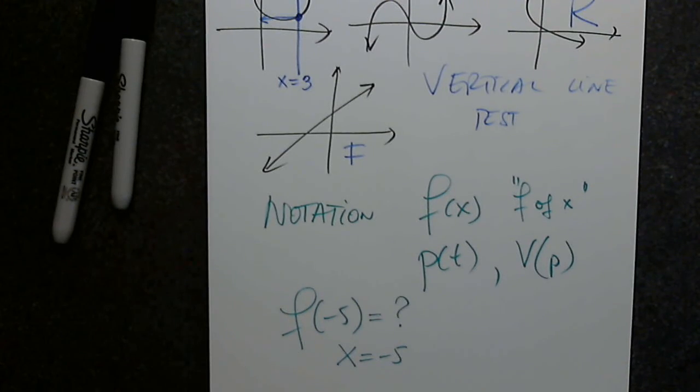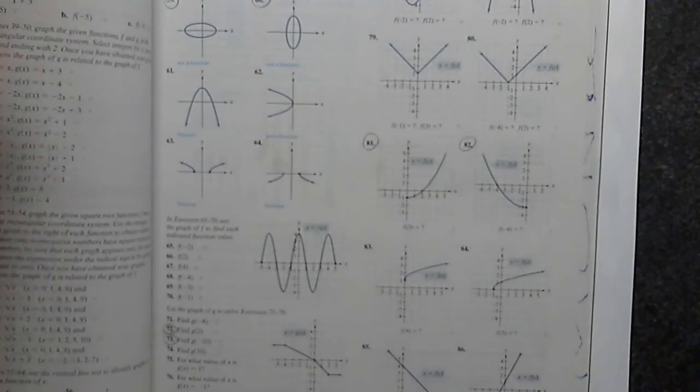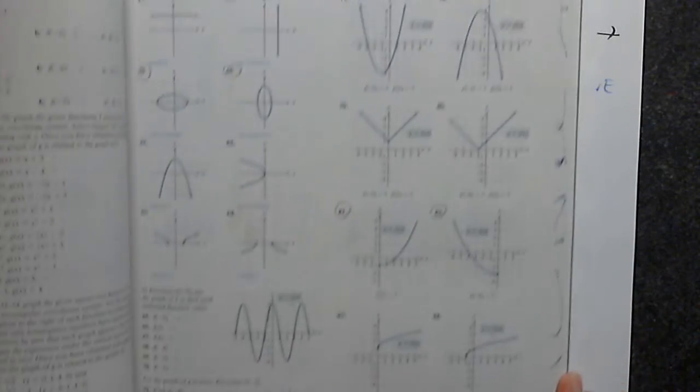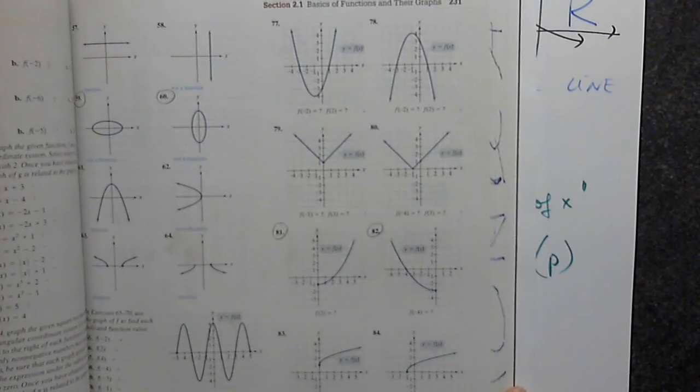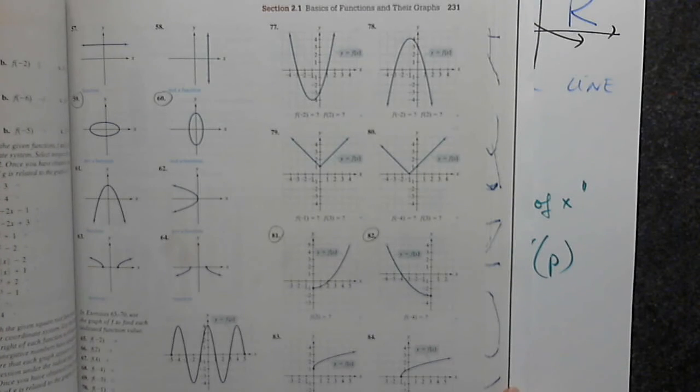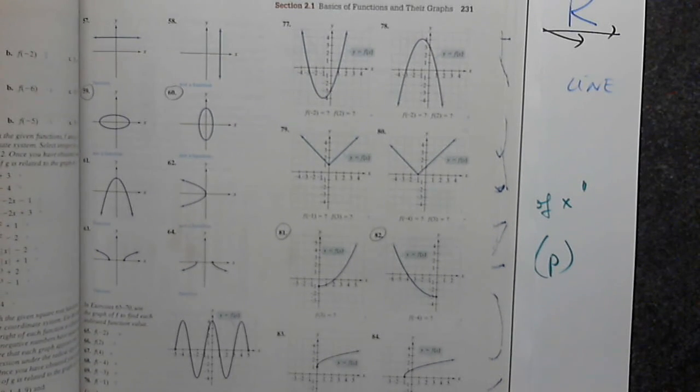And now I go back to my problem 82. I just picked -5. So when x equals -5, I draw a vertical line.